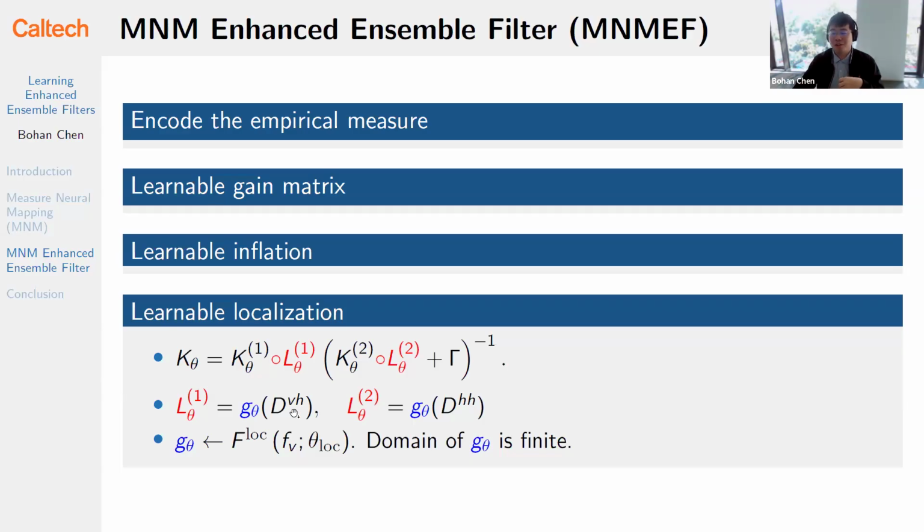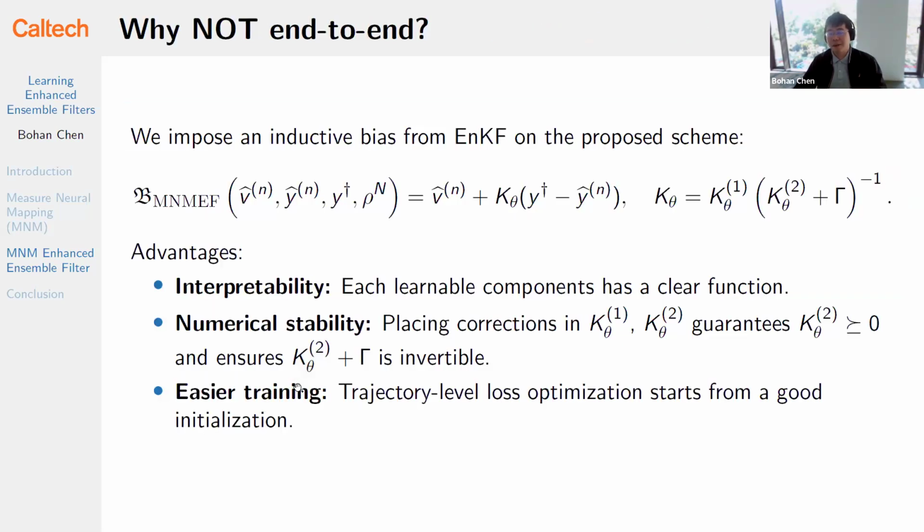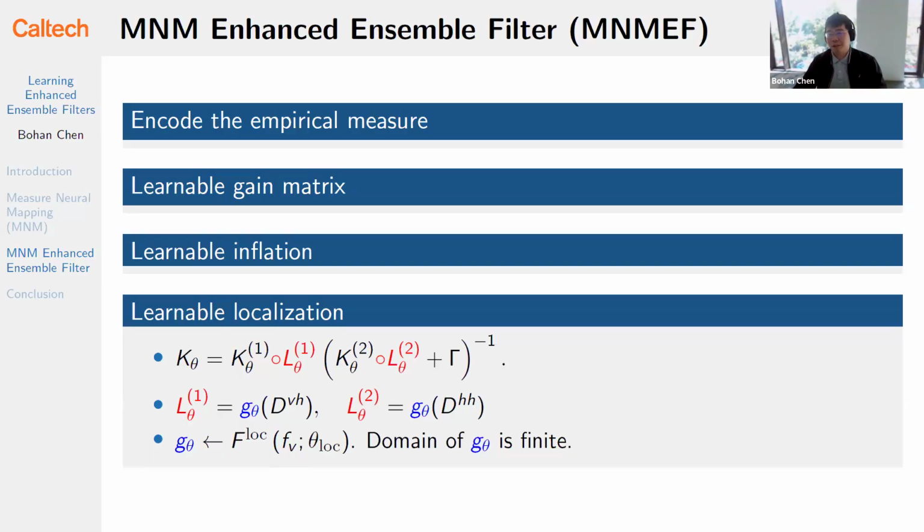And here we introduce a learnable distance-to-weight function G theta. And this function only depends on the output of the set transformer, FV. I skip some details here, but the basic idea is that we want to use some inductive bias from the classic filtering scheme.